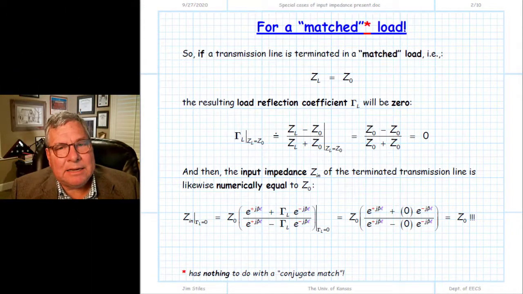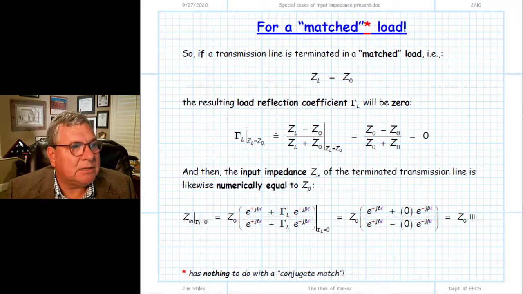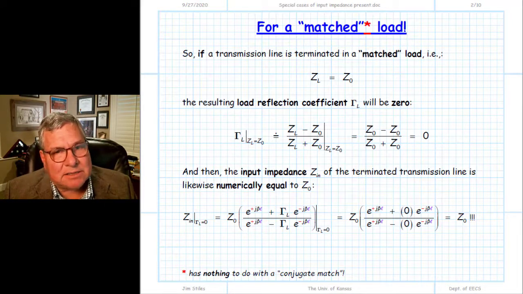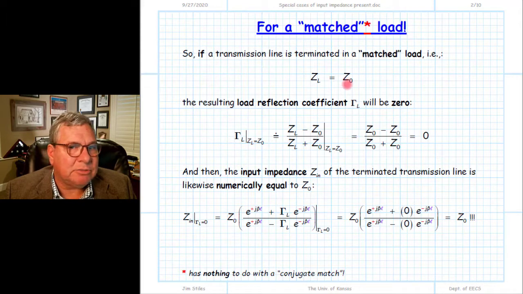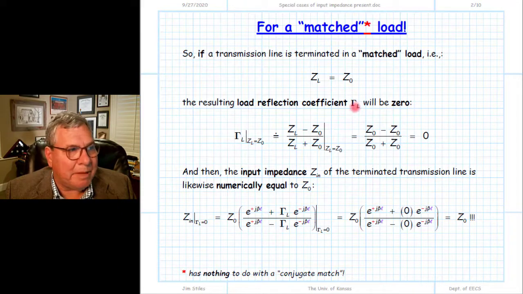So why then is this "matched load" so important? Well, let's go through our math and see what it has to say. If we have a load impedance that's numerically equal to the characteristic impedance of the transmission line that it terminates, we can calculate the load reflection coefficient for that matched load.